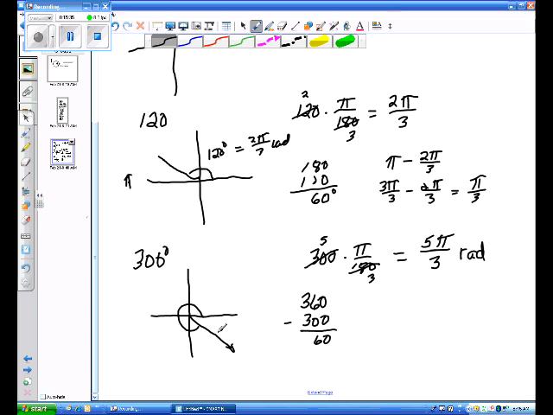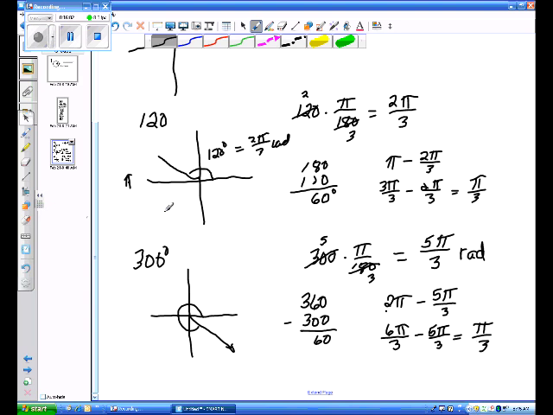All the way around was 2 pi radians. And 5 pi over 3 is outside our reference angle. So we need a common denominator. So 2 is 6/3, 2 times 3, minus 5 pi over 3 is pi over 3.